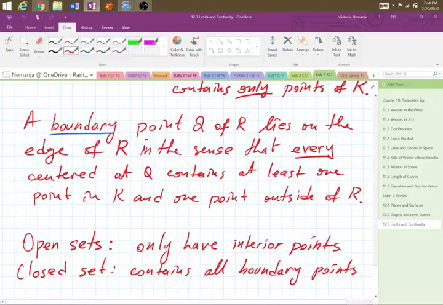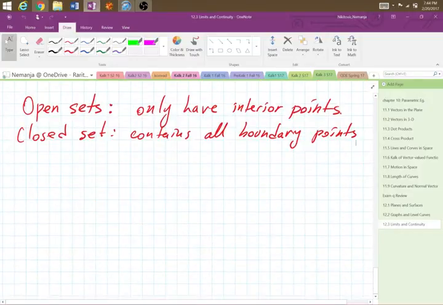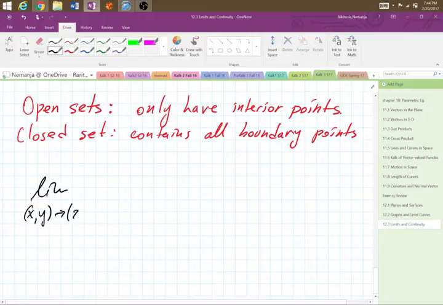So let's say you have the limit as (x, y) goes to (2, 0) of the function x squared y squared plus 3xy over y.